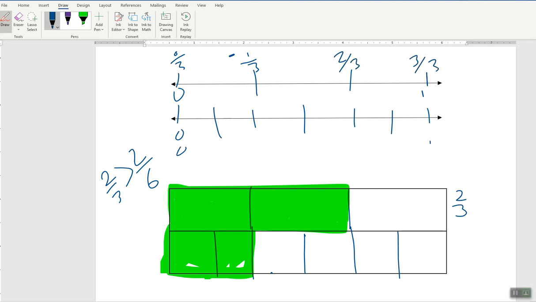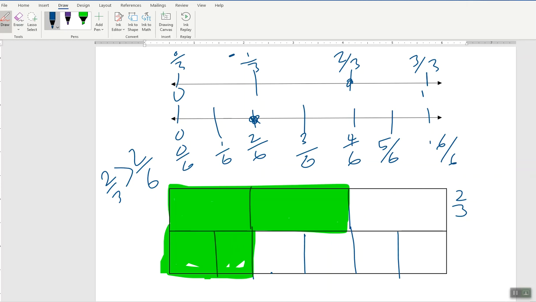I have 0 sixths, 1 sixth, 2 sixths, 3 sixths, 4 sixths, 5 sixths, and 6 sixths. So 2 sixths is right here, 2 thirds is right there. The one closest to the 1 is the bigger number.